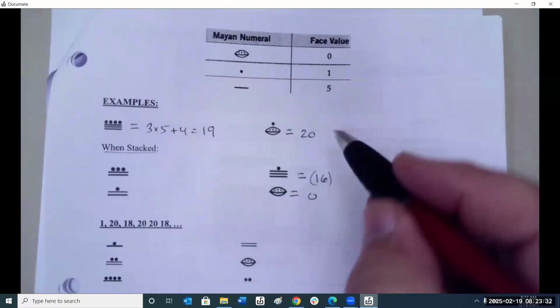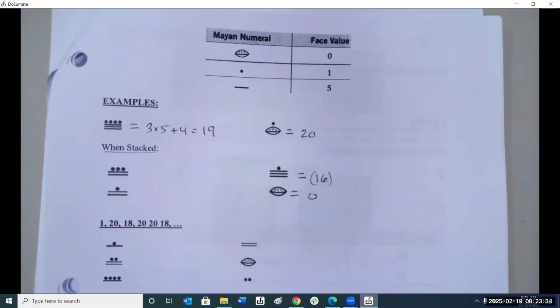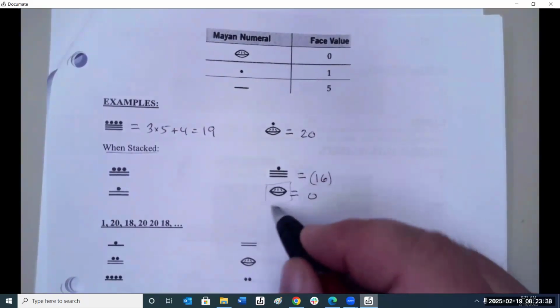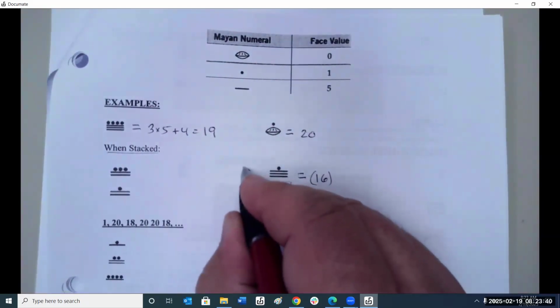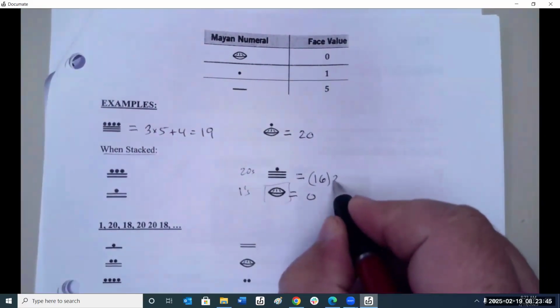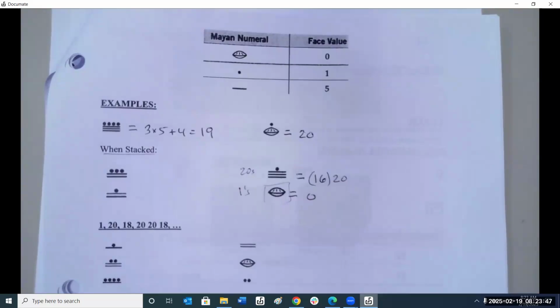But remember, this system goes in the 20s. So the first one, these are the 20s. So it's 16 times 20, which is what?